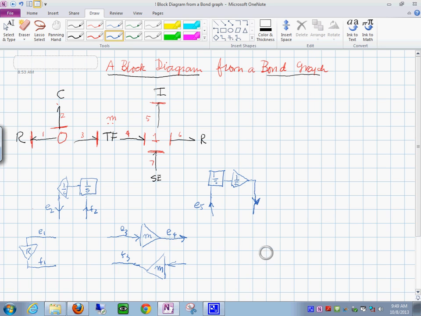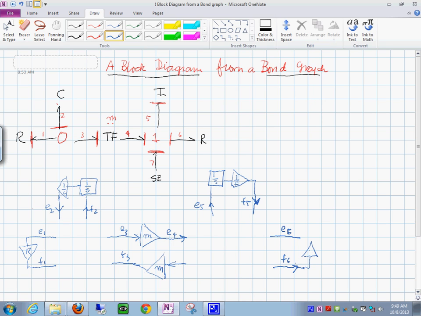So that's this one, and then you have this R in here. This one is F sub 5. This one is E sub 5, E sub 6, excuse me, and this is F sub 6. So what's happening here? On this one, flow goes in, gets multiplied by what?